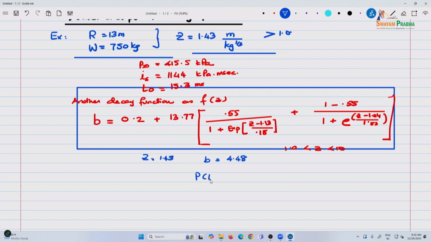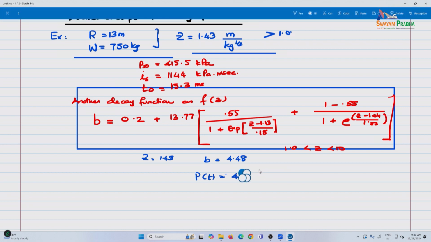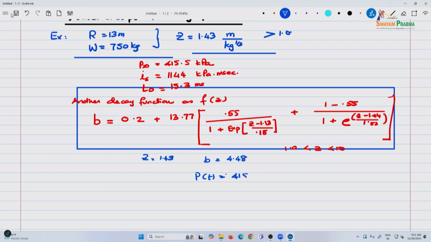And for the Friedlander function, if you're developing some analytical work, you can definitely use equations like this. So this is 1 minus t divided by t_0, e power minus 4.48 t divided by 15.3.